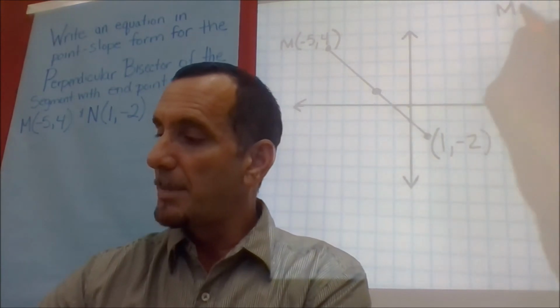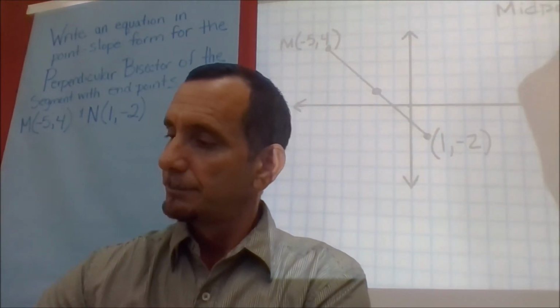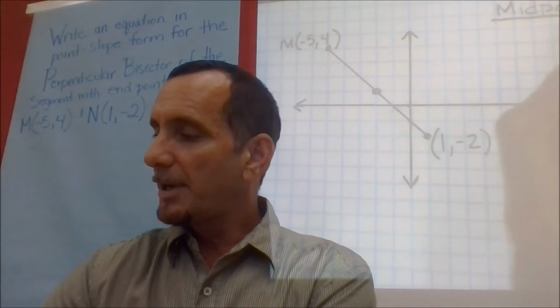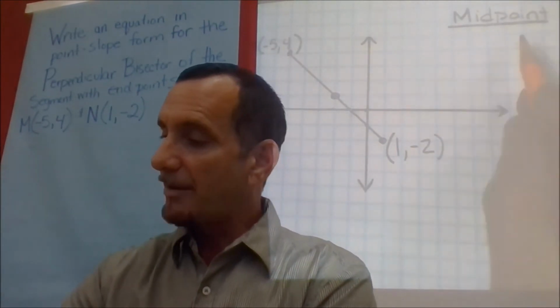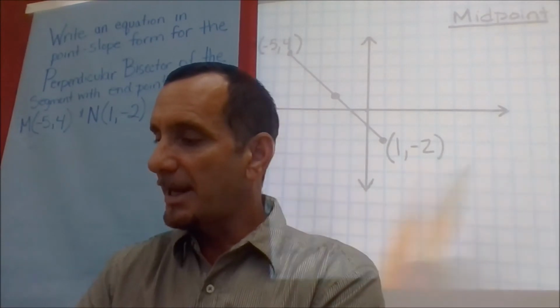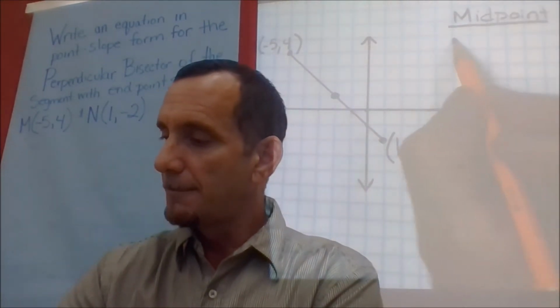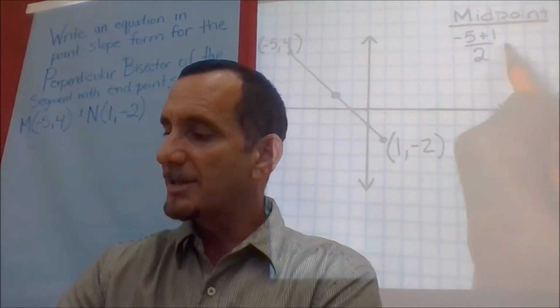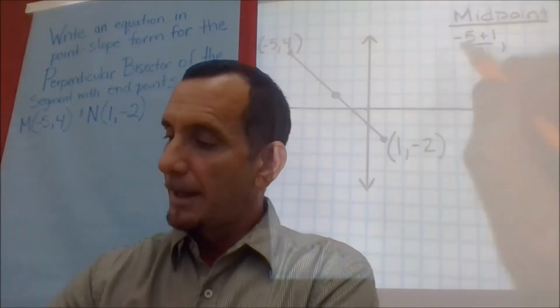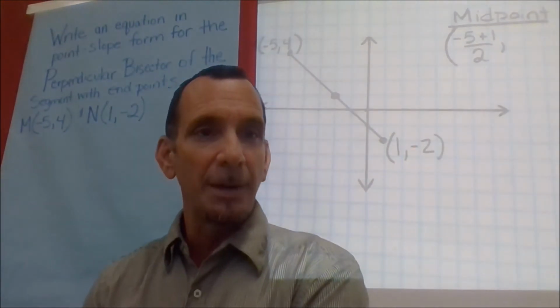So I'm just going to write midpoint. And then I'm going to take the average of the x's and the average of the y's. So I'm going to say -5 plus 1 over 2. Remember, we did this last semester. And that's the x coordinate of my midpoint.